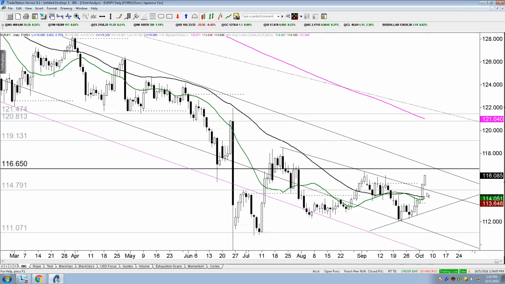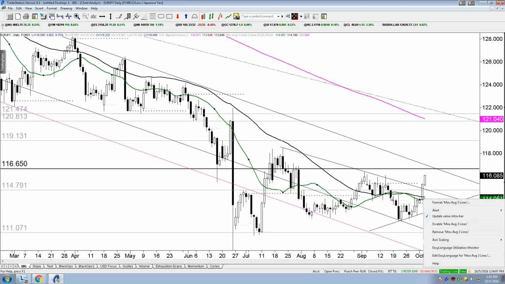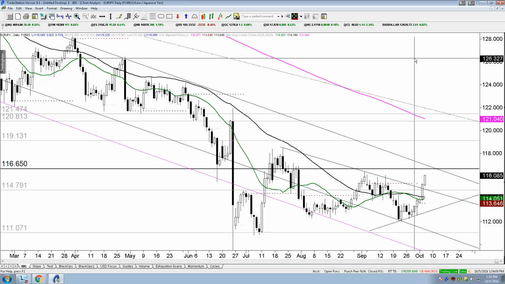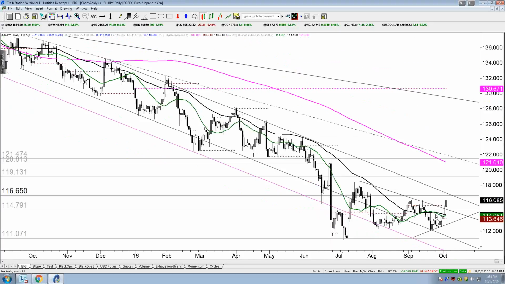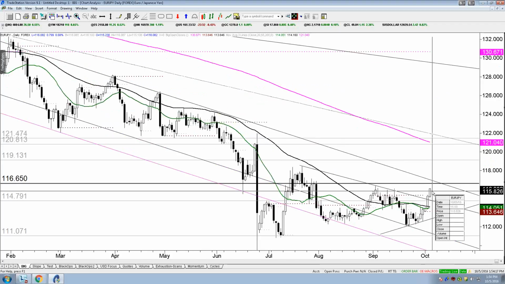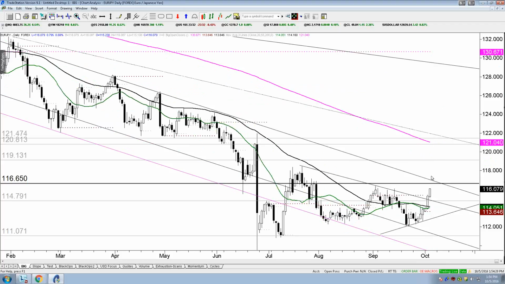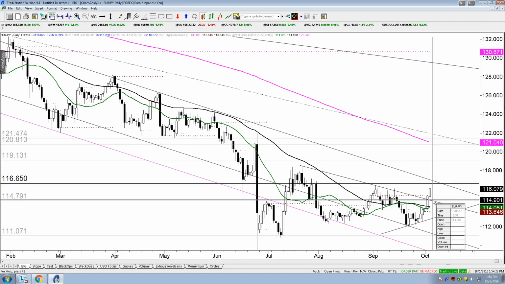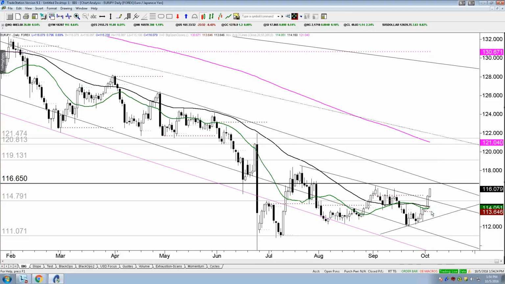Break through the 20 days a good indication, though. So, last comment on euro yen is risk of a pullback from about 1680 or so, but 1480 is where you want to buy it, I think, for a move higher.